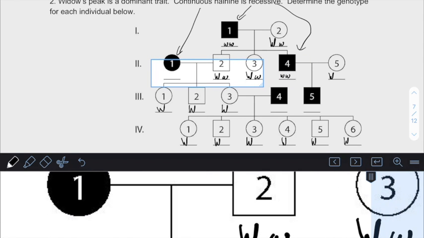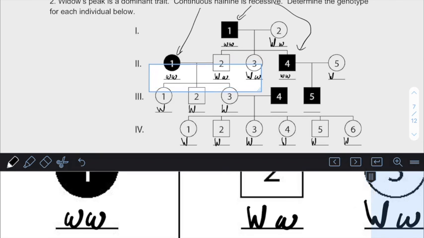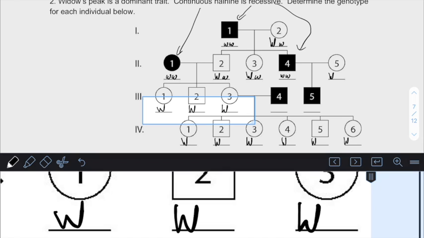So now we have a continuous hairline mother crossing with a widow's peak father, and all of their children have the widow's peak condition, and all of them are going to be carriers for that continuous hairline because they have a parent who has a continuous hairline.